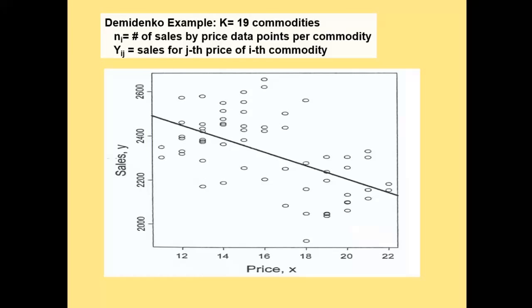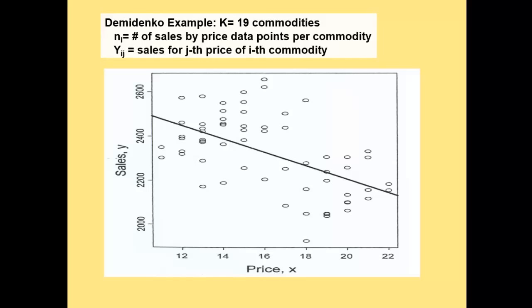So X is the price of the commodity at one of a number of times when it was offered for sale, and Y represents the number of sales you actually got when you offered it at a certain price. This is a scatter plot of price on sales. The idea is: is there a relationship between the price of the product and how often it sells, or how many sales you get?